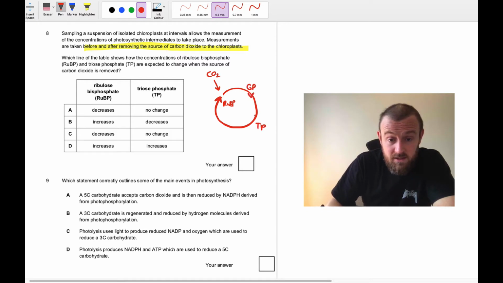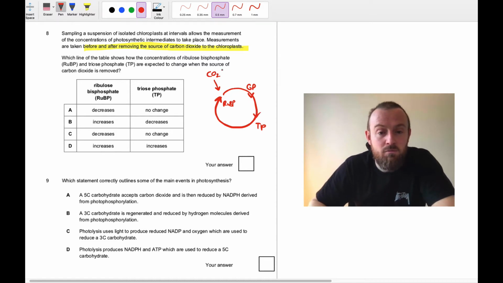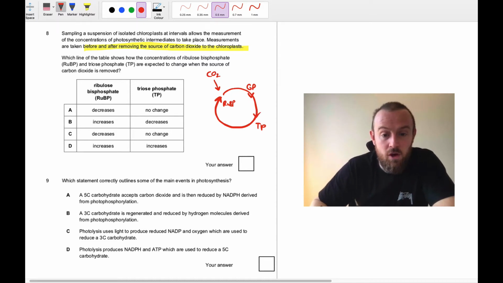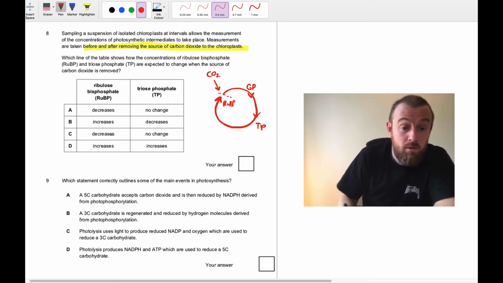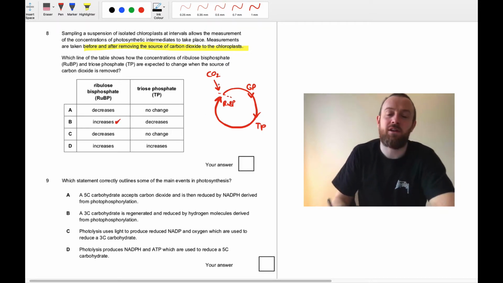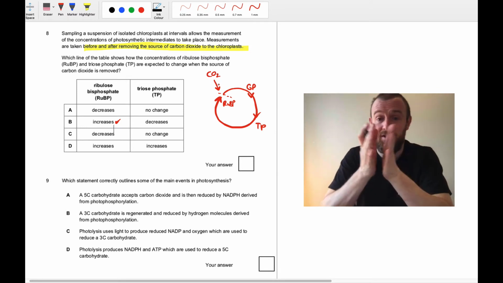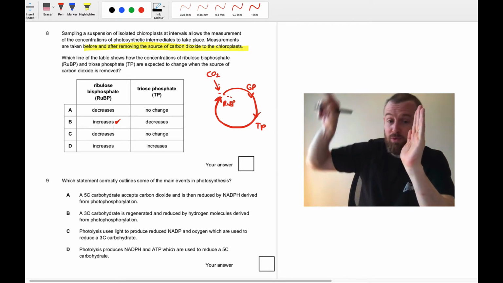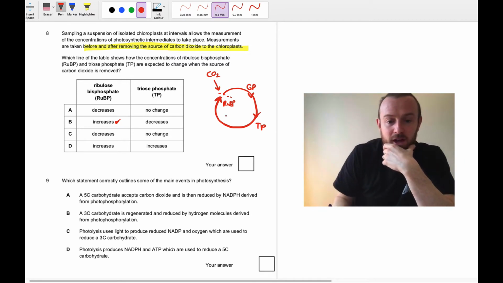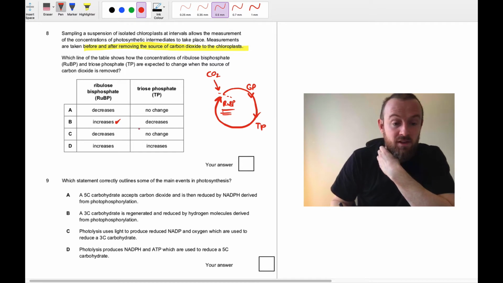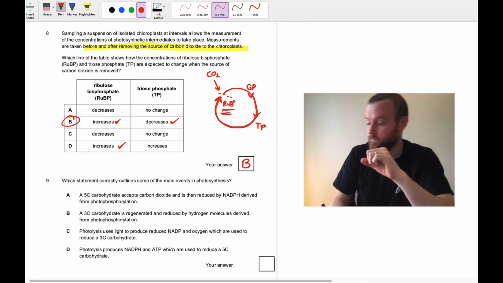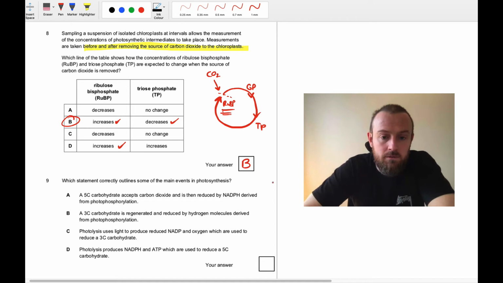So if you suddenly remove CO2, the concentration of RUBP is going to build up. So it's going to increase because it's like a traffic jam. It's like a roundabout. If there's an accident at a roundabout, the cars would build up behind the accident. So we get a build up of RUBP, and GP and TP would decrease. So that increases and this one decreases. So therefore the answer is B. Moving on.